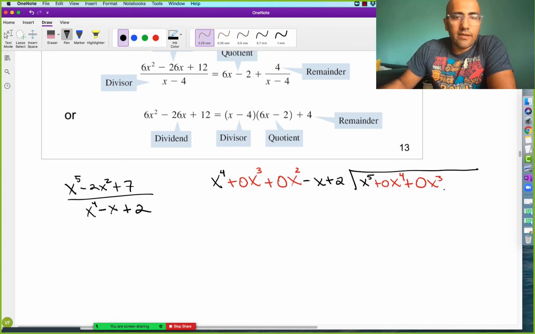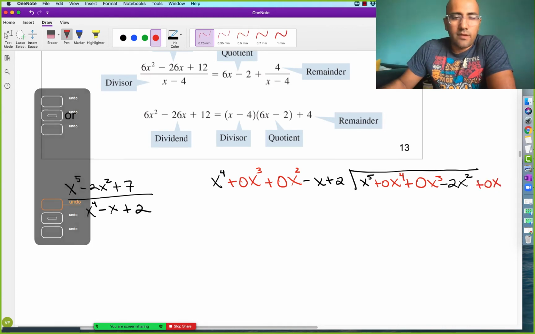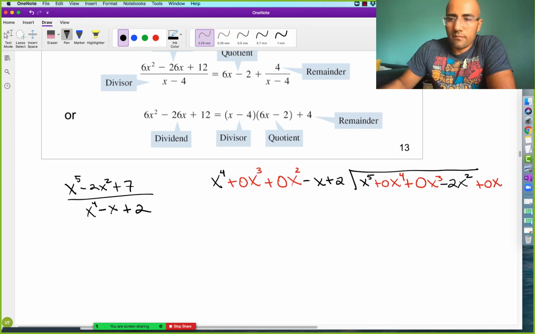And then I have a plus 2x squared. And then I have to insert the 0x. And then I have a plus 7. So now every power is represented in descending order from the highest degree polynomial. Power 5, 4, 3, 2, 1, no power.